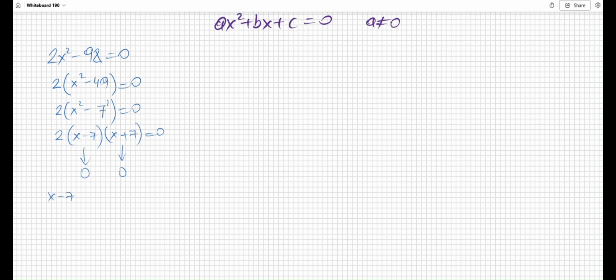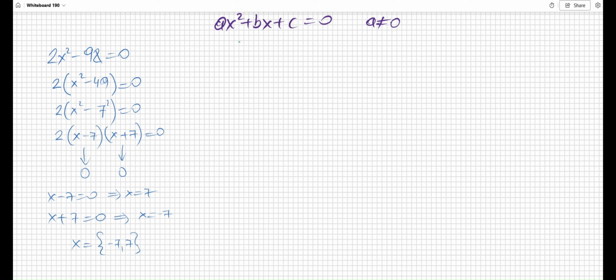So it's going to be x minus 7 is equal to 0, which leads to x is equal to 7. And then x plus 7 is equal to 0, that leads to x is equal to negative 7. So the solution set is negative 7 and 7. That's the first method to do it.